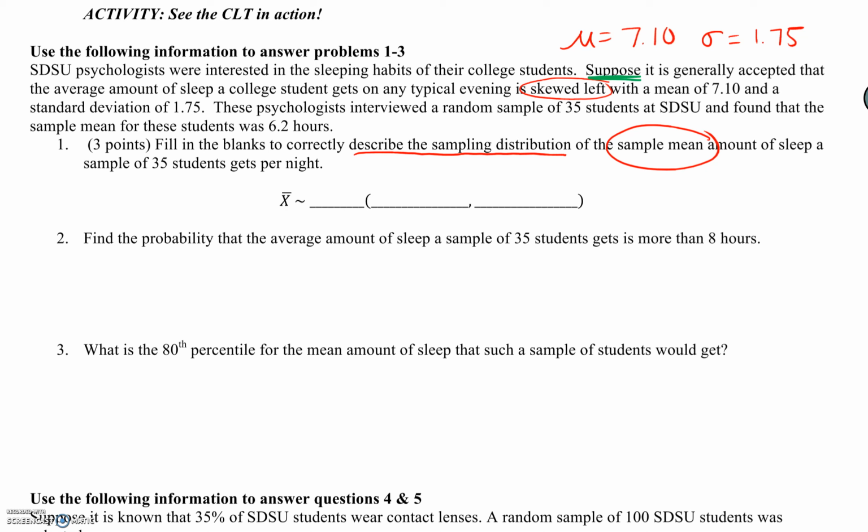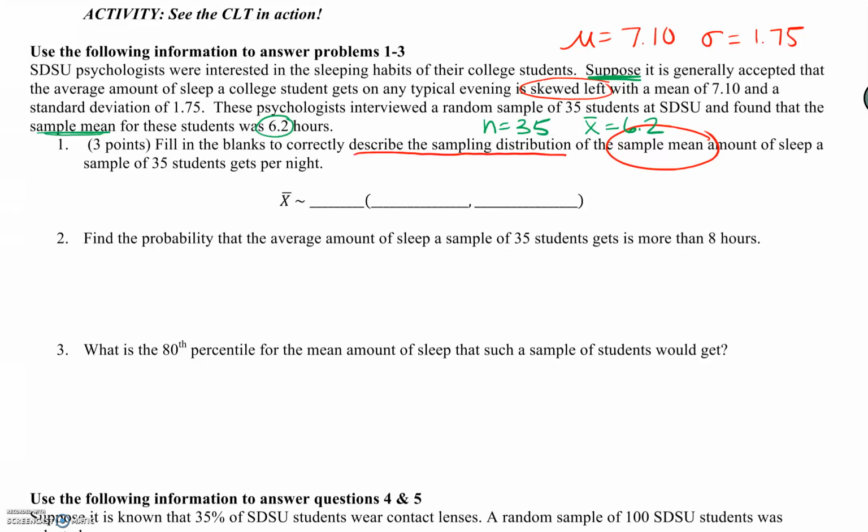Psychologists interviewed a random sample of 35 students, so now we have an n, and found that the sample mean of this sample is 6.2. So we just got an x bar. Now here's where a lot of students get confused.